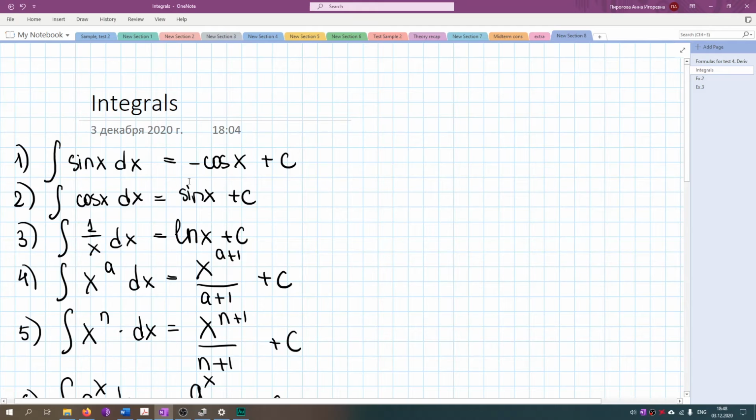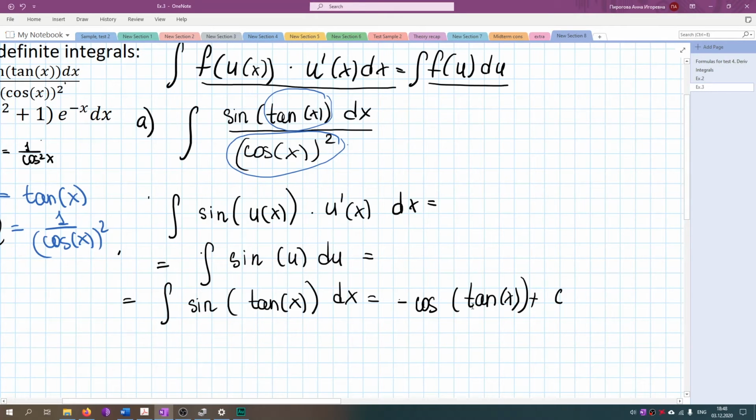And that is because we used the first formula that the integral of sine x dx is equal to minus cosine x plus c, and just instead of x we used our argument, which was tangent of x.